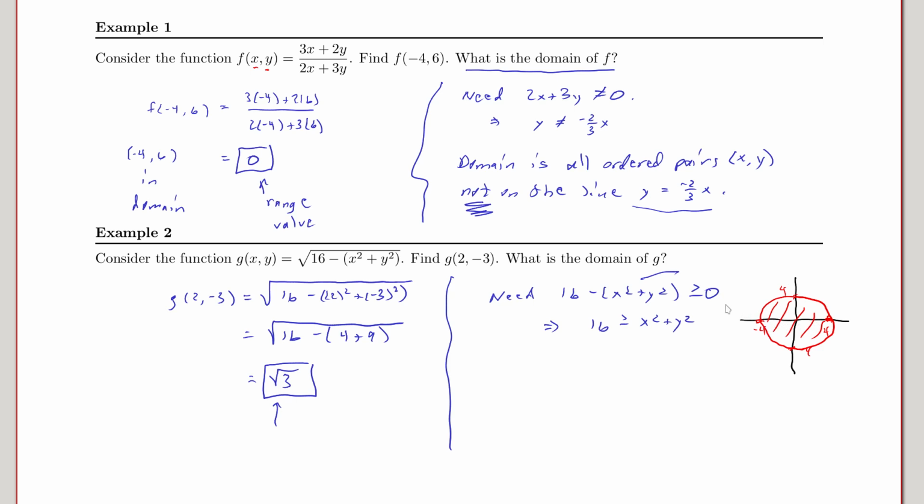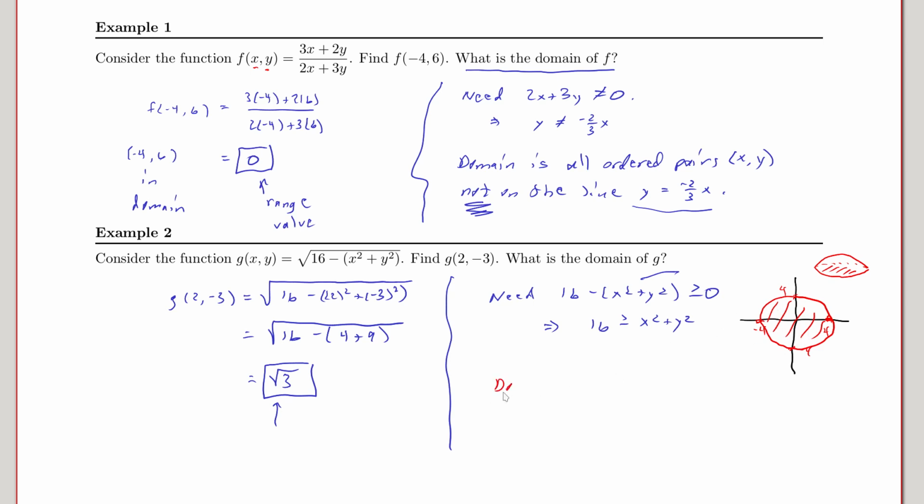And in fact, the surface given by this function is actually a half of a sphere. So again, here's me faking things. It actually looks like that. And there's your domain. It's this circle, including the boundary because it's the or equal to.